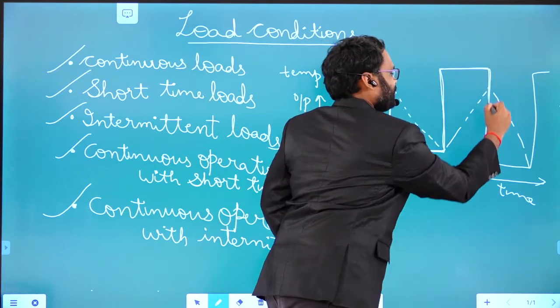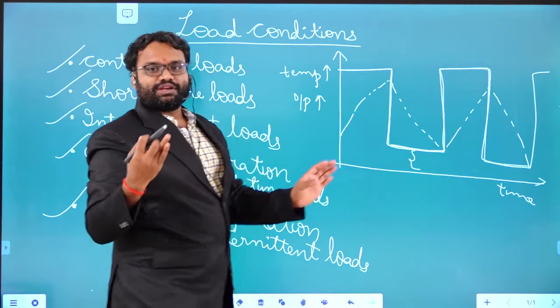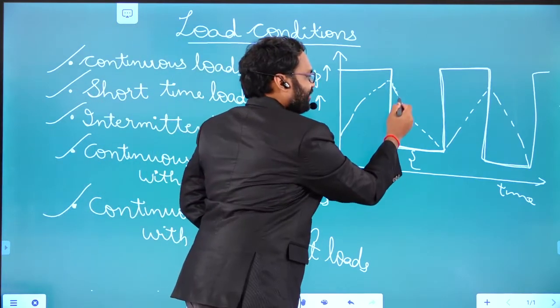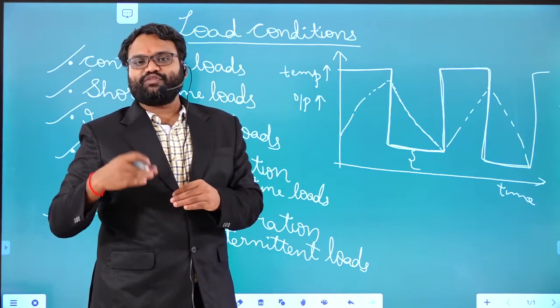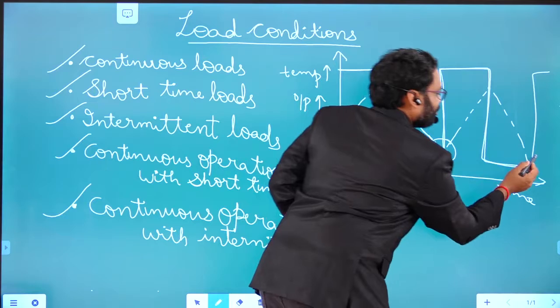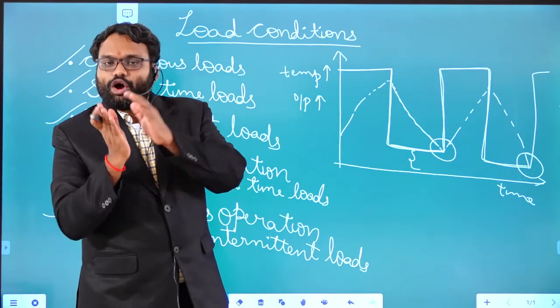My operation is continuous. In continuous operation with short term loads also, I am giving the motor sufficient time to dissipate the total amount of heat that is heated up. That is the reason, see here, the total heat has been dissipated in that offload condition.